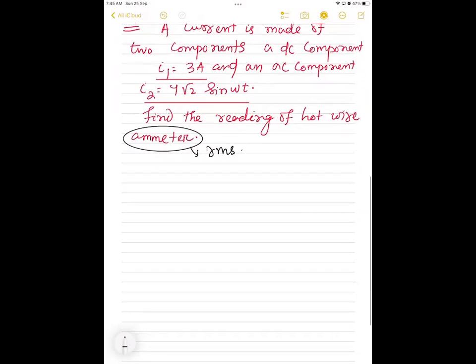And the total current is what? The total current is a mix of AC and DC, that is I1 plus I2, which is equal to 3 plus 4 root 2 sine omega t.